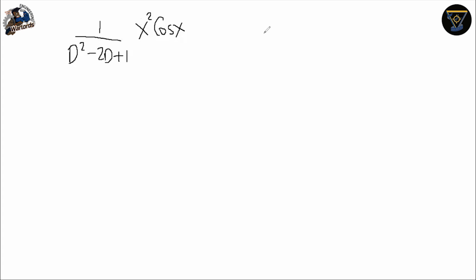I'm not sure if you guys know about Euler and complex numbers, but his formula states that e raised to the ix is equal to cos x plus i sin x.